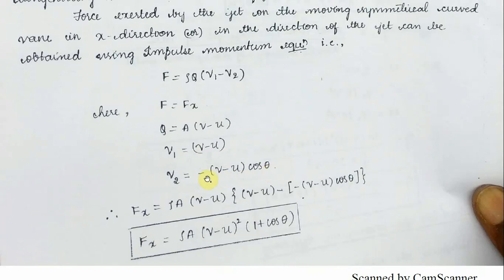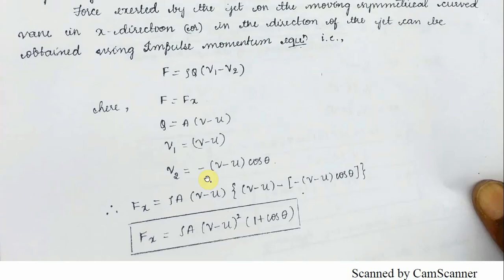Minus sign means opposite to the flow. Therefore, force in x direction Fx is equal to rho into A into V minus U into V minus U minus of minus of V minus U into cos theta. Then simplifying, we get force in x direction is equal to rho into A into V minus U the whole square into 1 plus cos theta.